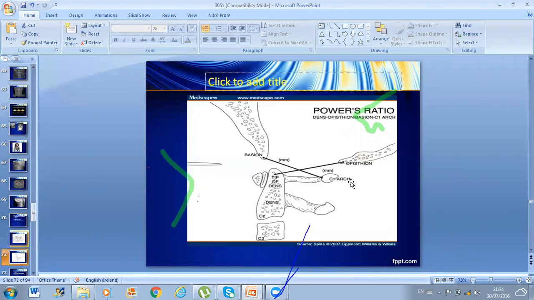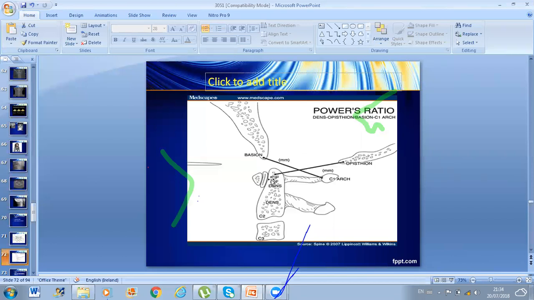What is this then? It's called the Power ratio. Can someone tell me what the Power ratio is? It's written over here.